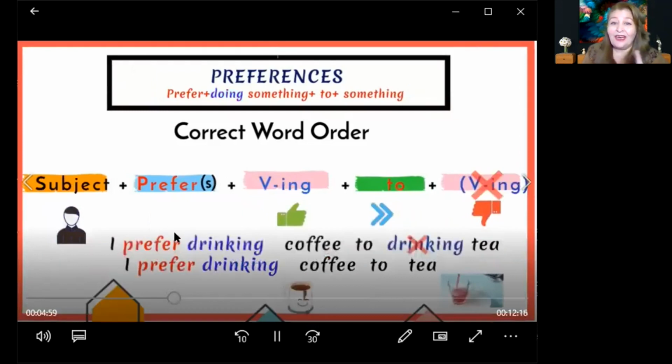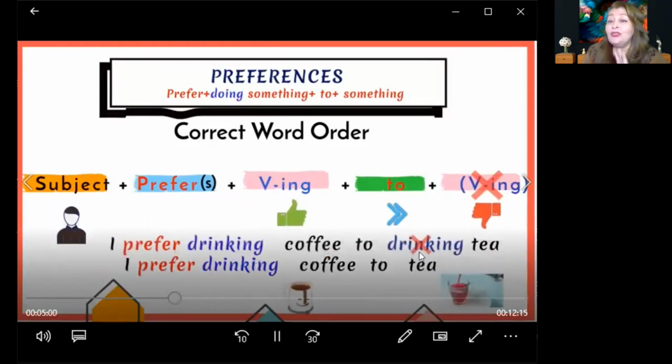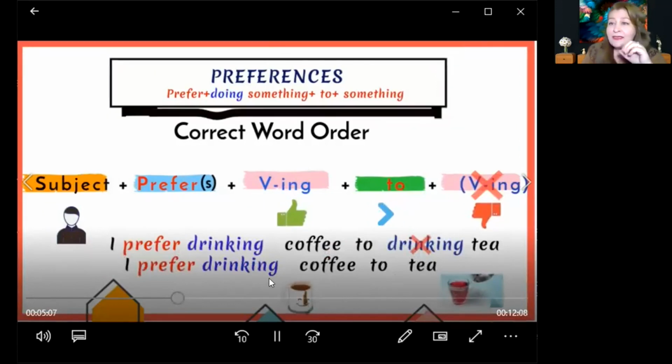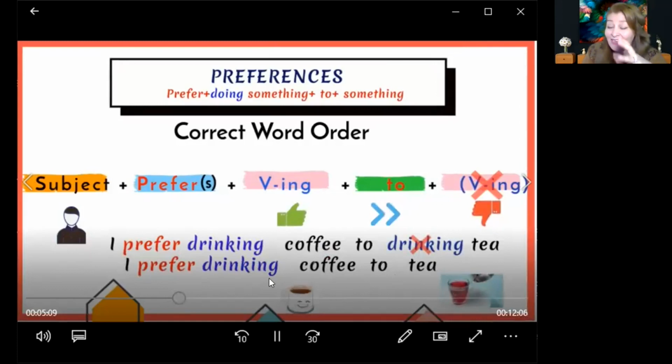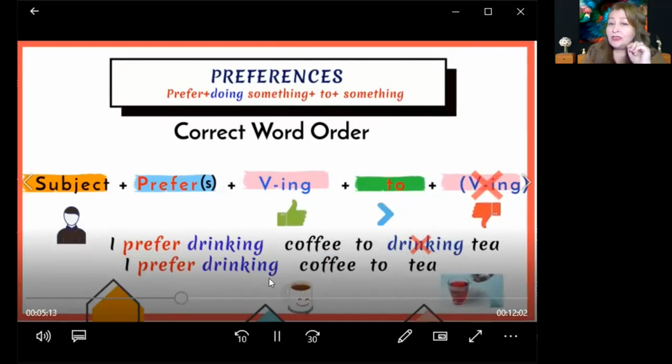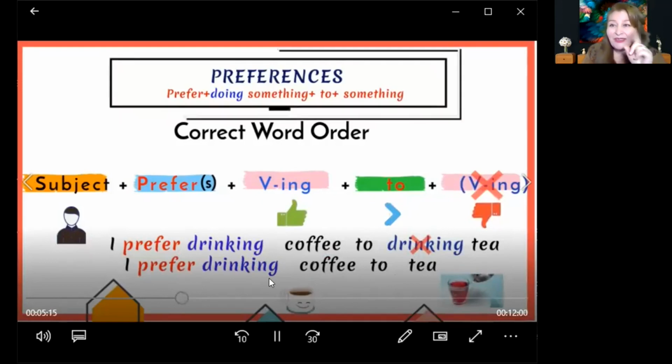Okay. I prefer drinking coffee to drinking tea. I prefer drinking coffee to tea. In this example, if there is the same action verb for both activities, we can only use it once.